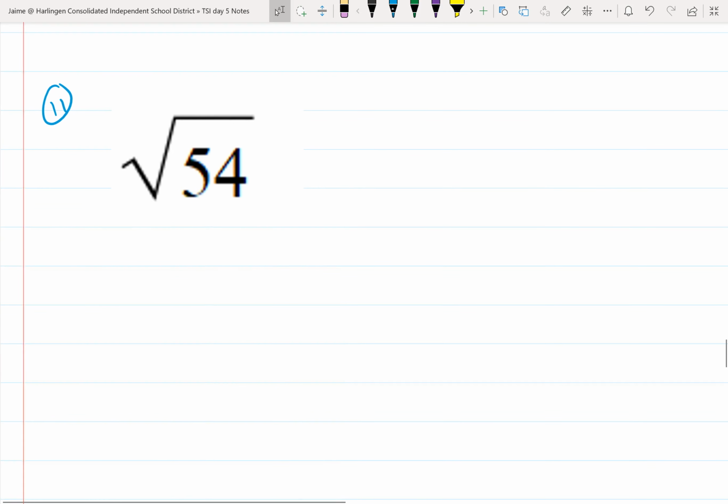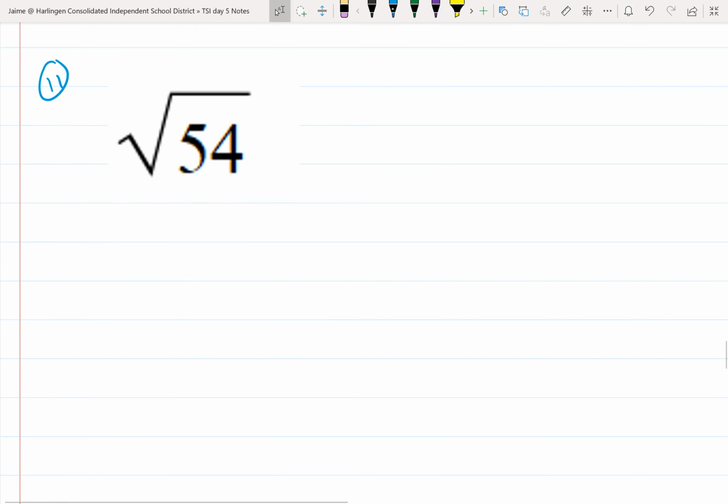The next one here, number 11, 54. 54 divided by 4. That gives you a decimal. That doesn't work. What's after the 4? It's 9. What's 54 divided by 9? 6.